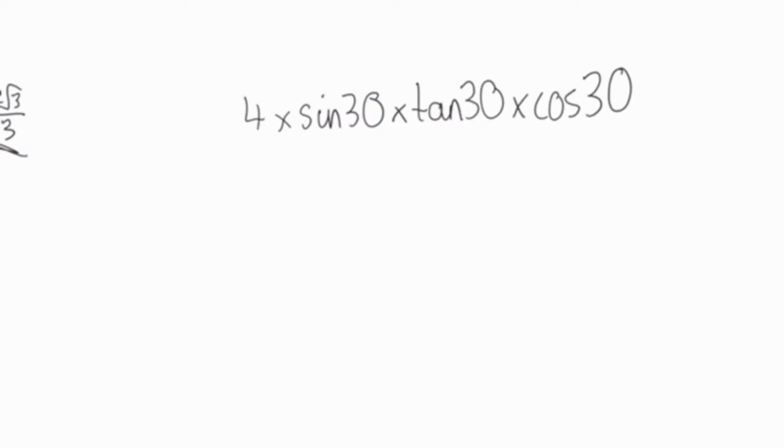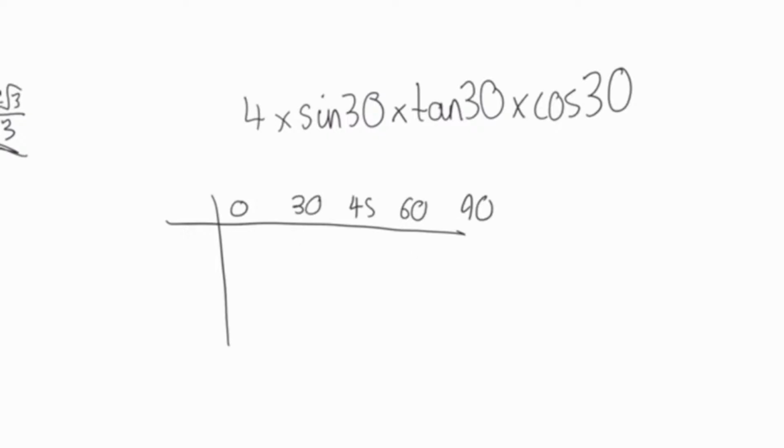So a quick table, which I'll just quickly draw up for the exact trig values, looks something like this. The angles you have to remember them for are 0, 30, 45, 60, and then 90, for sine x, cos x, and tan x.